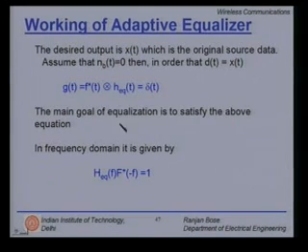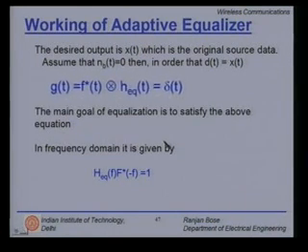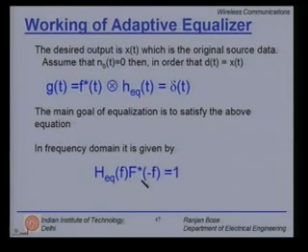If you do the basic mathematics, we saw that in the time domain, in order for the equalizer to work in the absence of noise, n_b(t) equal to 0, in that ideal scenario only, when the distortions are only because of channel effects, g(t) should be equal to the impulse function delta(t), and in the frequency domain it should be H_eq(f) F*(-f) equal to 1.